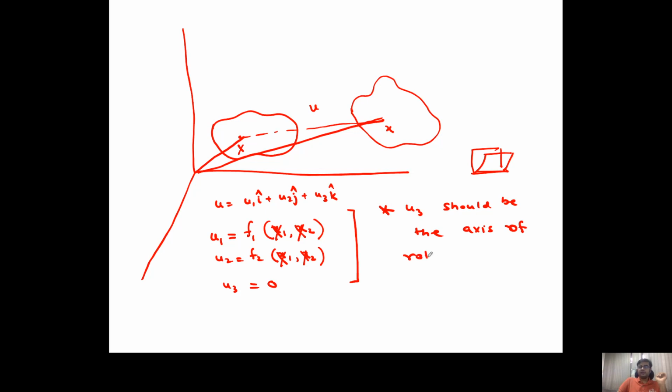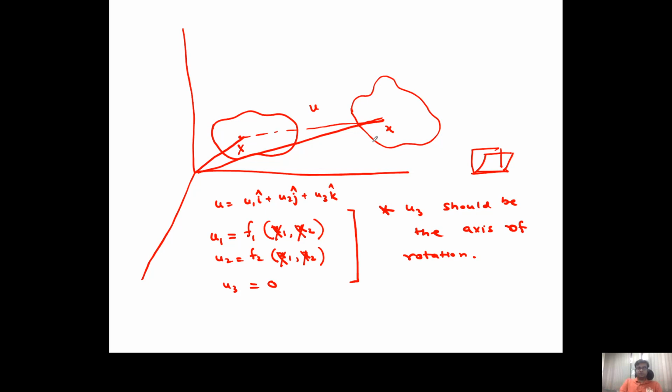This is what you should get from intuition, because u3 is 0. So that means nothing is happening in the third direction. Everything is happening on a given plane. And therefore, whatever rotation is there is about this third axis. I mean, if you think of the screen as a plane, so whatever I am drawing, that rotation is coming perpendicularly out of the plane, right? Now let us see whether we get this result from the axial which we just now discussed.